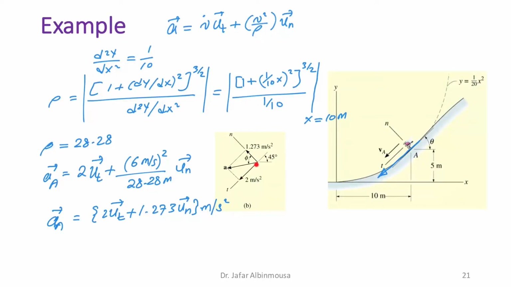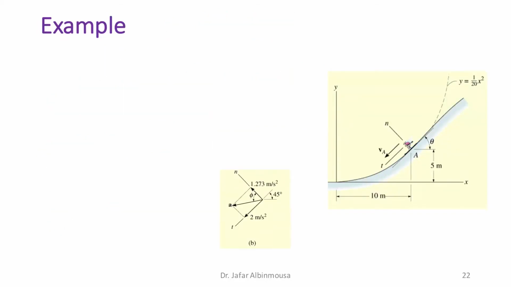So if this is the tangential component, it is not difficult to determine the normal component over here, which is in magnitude 1.273. And what is really unknown is the total component of the acceleration and its angle. And this is what we are going to do in the next slide.